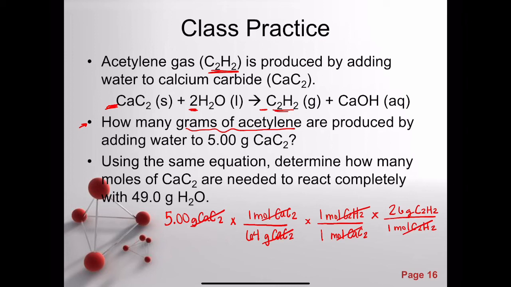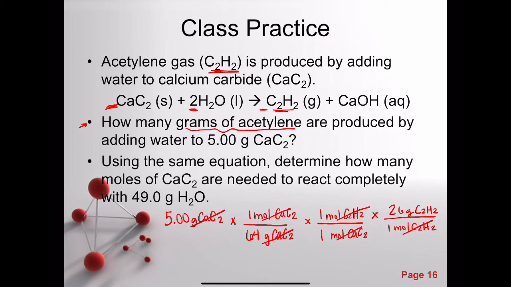So now what we need to do is multiply through and divide and see what we get. I'm going to multiply the top first and then divide by the bottom. So 5 times 1, which we know you don't really have to do that step. So 5 times 26 is 130, and then divided by 64.